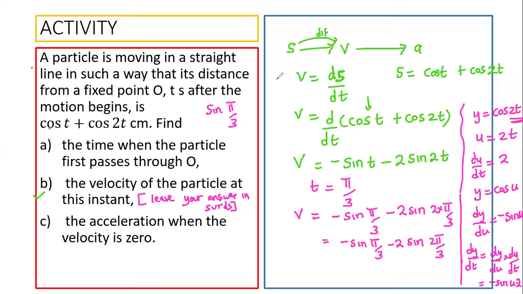We just got on with t equals 60, then we turned that 60 into radians. But what about the other negative 1? Okay, there is no need of getting that time also.